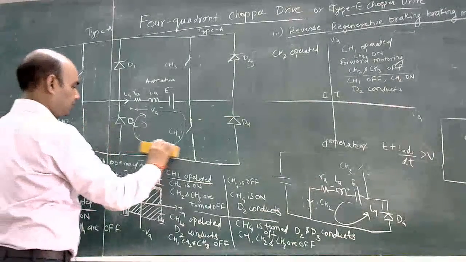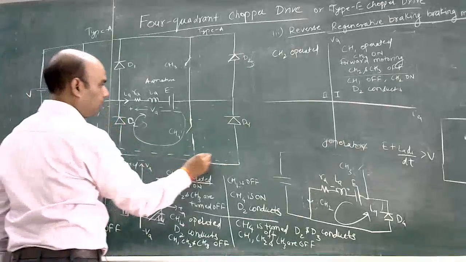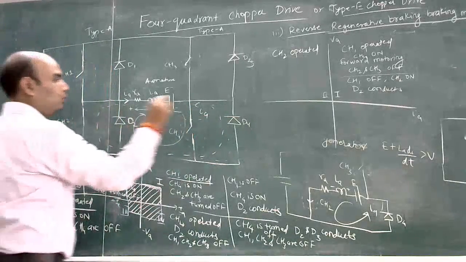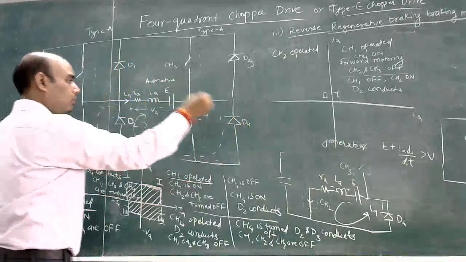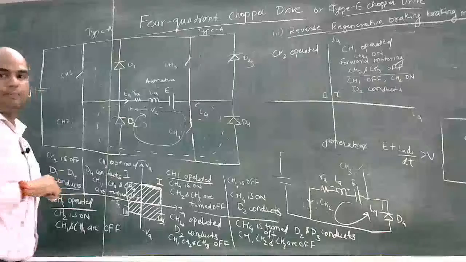Current will flow from CH2 or D2 or D4, then E, LA and R.